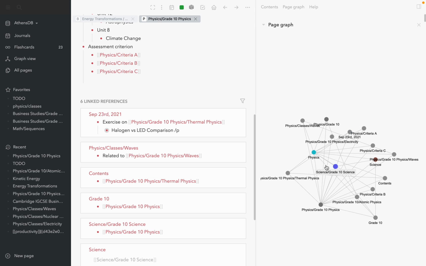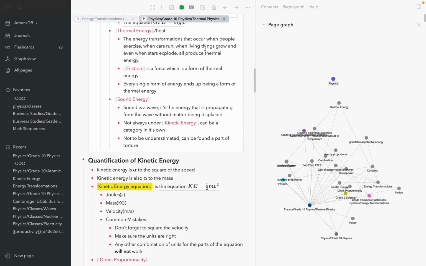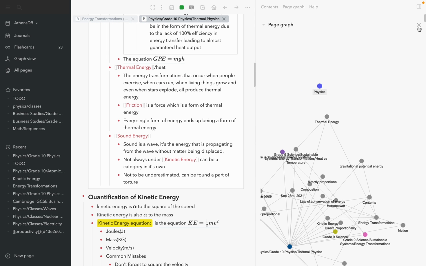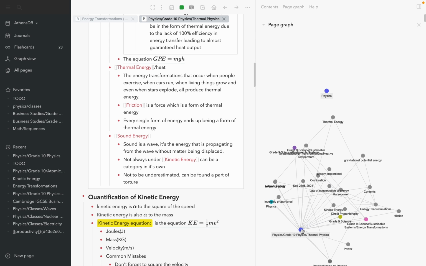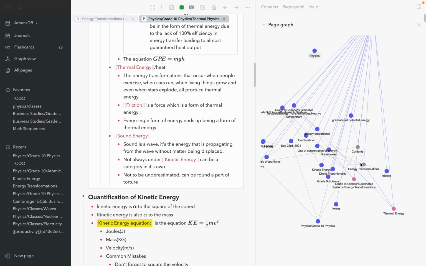Open the page graph, and you can see the pages that are linked to it, and it just shows you the connections between everything. Now, probably a better example would be opening, let's say, thermal physics page, and opening the page graph for thermal physics. And over here, you can see a lot more connections between things.